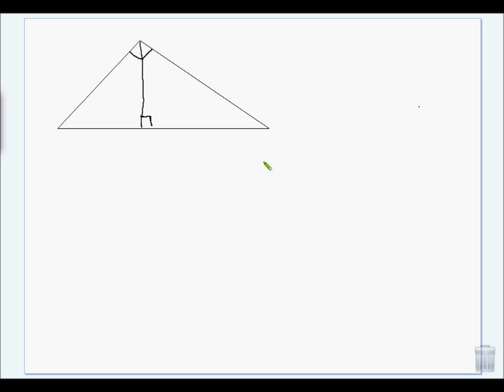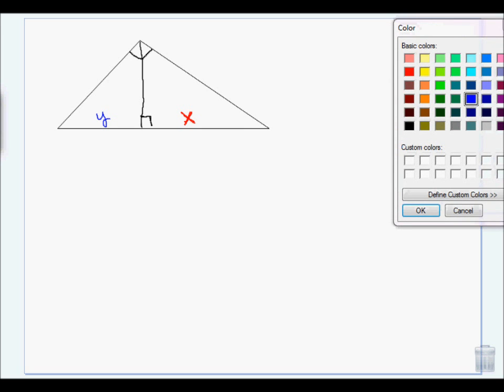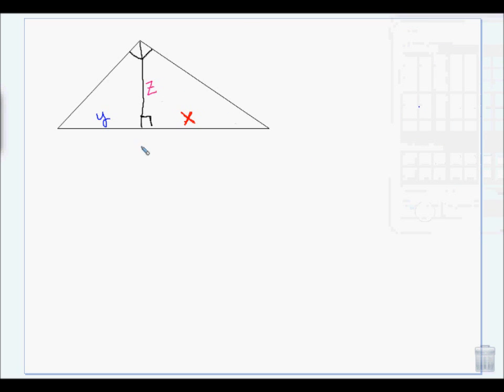Hold on, let me think about how to color code this. I think maybe using colored letters might be the way to go. If this length here is X, I'll make this Y. I'll make that Z. Okay, so this Y is just this short part, X is this short part, Z is the altitude.